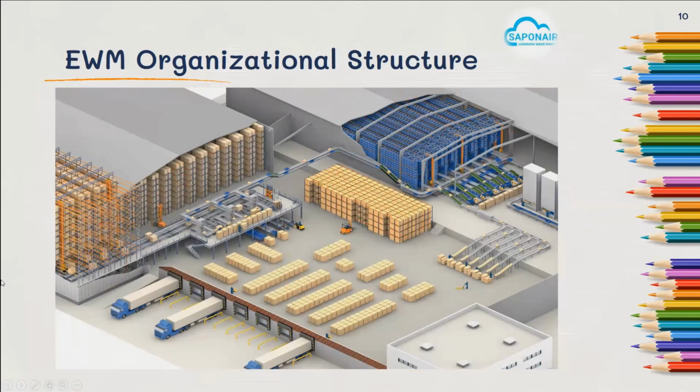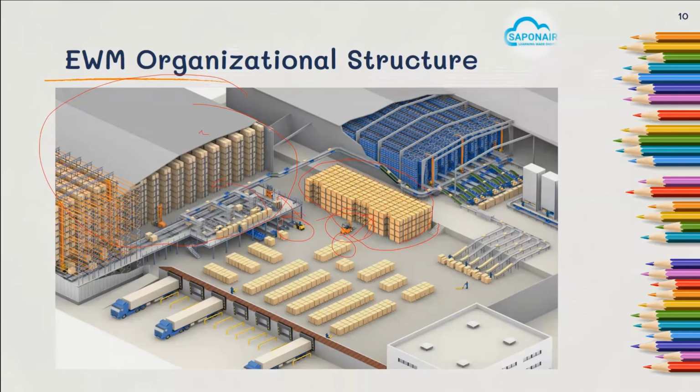Exactly, this is a mezzanine area. So the mezzanine area is here, and this is a floor, the ground floor. Now the approach of placing the stock is different here. Both require different facilities, different infrastructure, different resources.